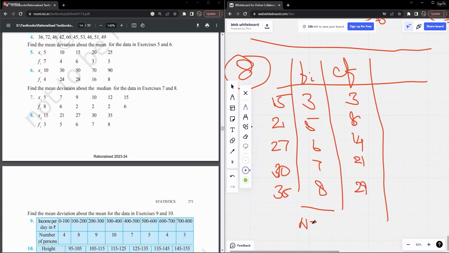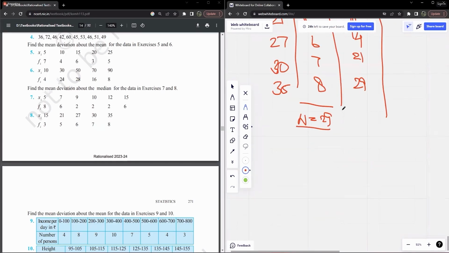So your n is going to be equal to 29, which is odd. So basically, your (n plus 1) by 2, that is going to be 15. Your 15th term is going to be the median.